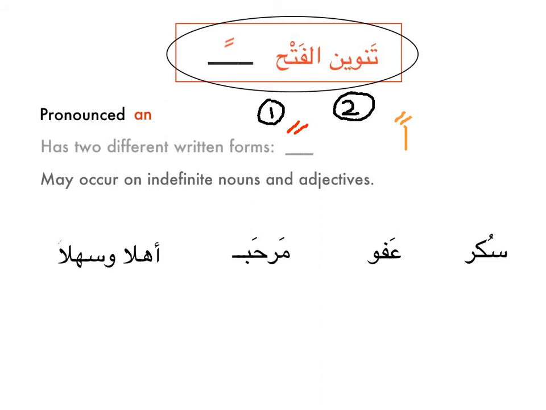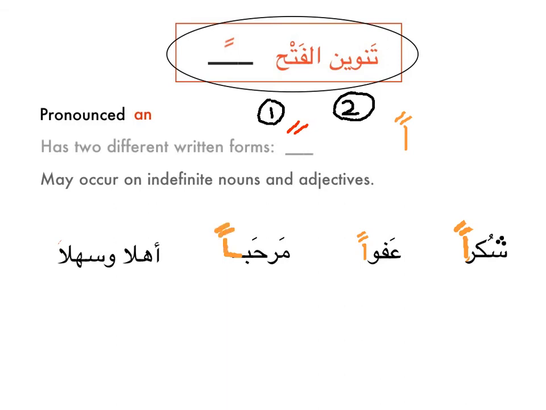Let's take a look at examples of the second kind of Tanween. The first word is shukran. And the second word is afwan. And the next one is marhaban.